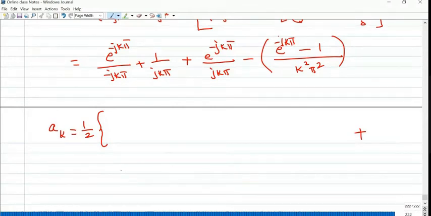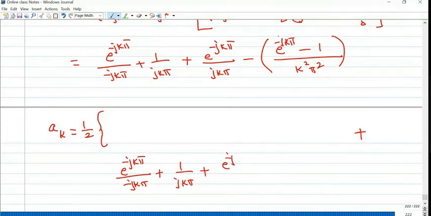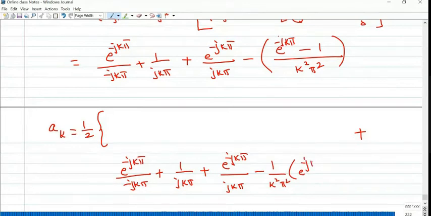First, we'll write the B term: e power minus jk pi divided by minus jk pi, plus 1 divided by jk pi, plus e power minus jk pi divided by jk pi, minus of 1 divided by k square pi square, e power minus jk pi minus 1. So this is the value for B.